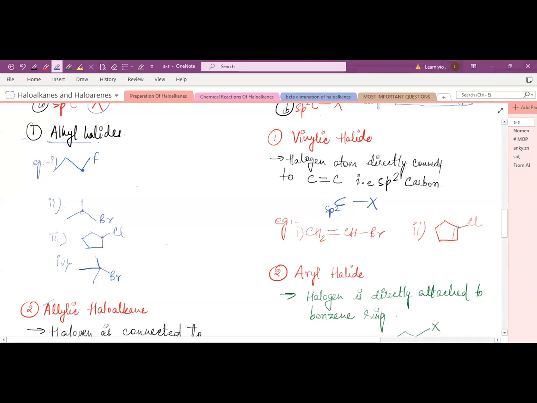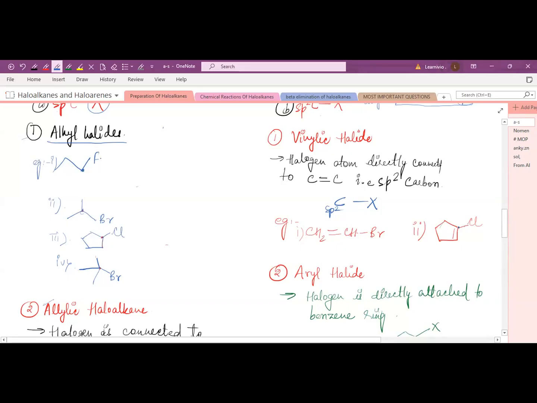First one is alkyl halide, which we call haloalkane. So just remember alkyl halide.